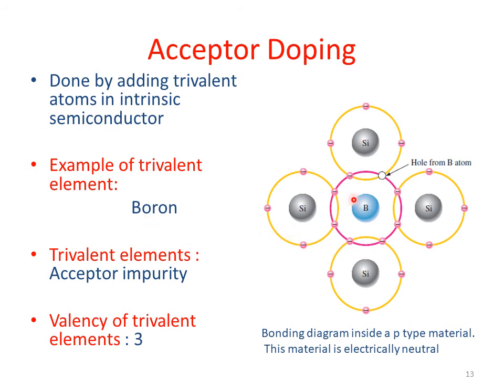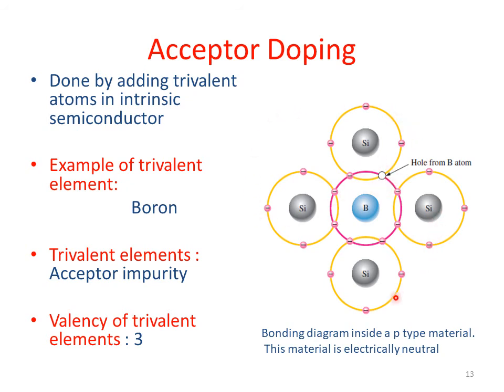Boron has 3 valence electrons in the outermost shell. When it is added to the semiconductor silicon material, then on 4 neighboring sides the silicon atoms make pairs with it. However, the 4th electron that was to be provided by the boron is unavailable.